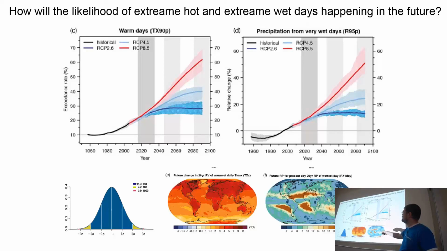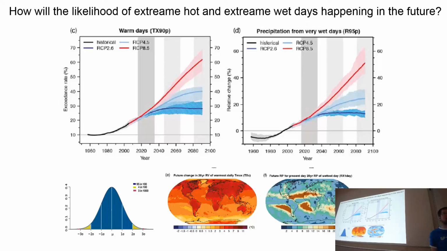And if we choose our most extreme climate scenario of RCP 8.5, so this is the burn lots of coal scenario, we can see that we've got a 60% chance of having an extreme warm each year, rather than a 10% chance. So our likelihood of an extreme event has gone up by a lot. It's gone from 10% to 60%.